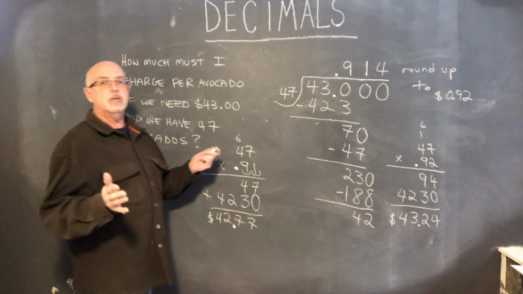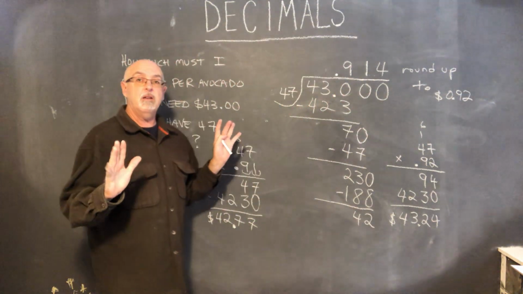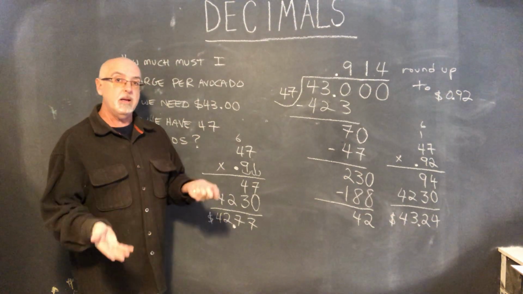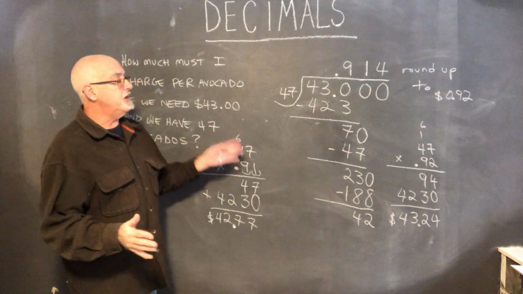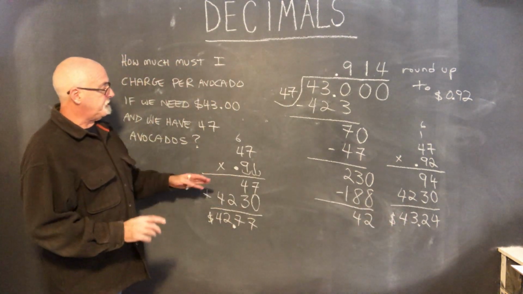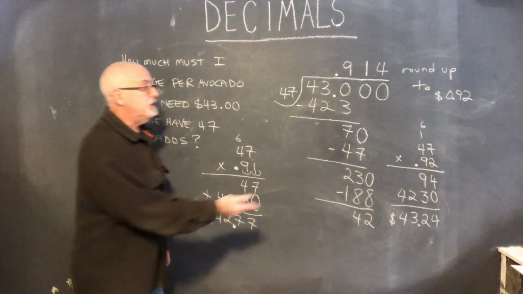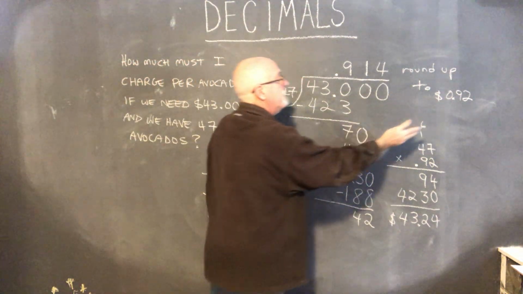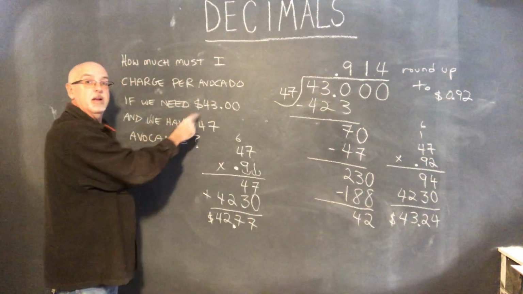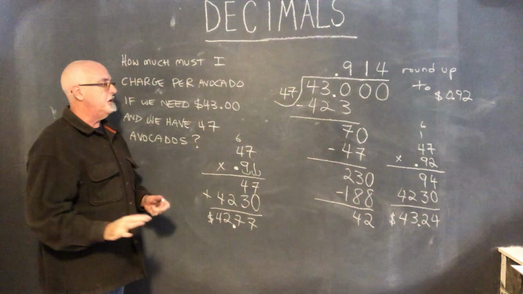So we could even choose to round this all the way up to 95 cents. Because 95 cents means we don't have to deal with pennies. And what's going to happen, and I'm not going to do a third multiplication, is that the person's going to make even more money. Rounding it up another 3 cents to 95 cents means we're definitely going to exceed the total we needed, the $43 we needed.